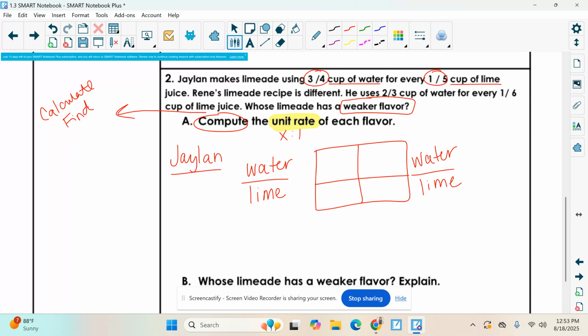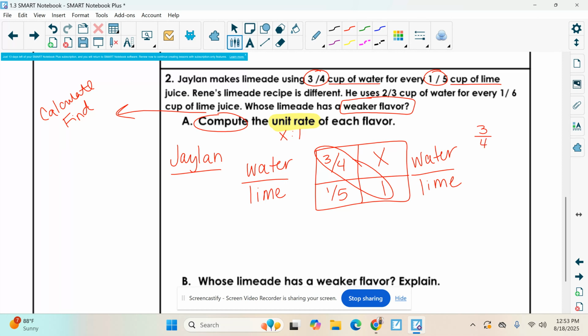So we're trying to figure out how much water when there's 1 cup of lime. What are we going to fill in these boxes with? All right. How much water? 3/4. How much lime? So when I cross multiply, I get 3/4, right?